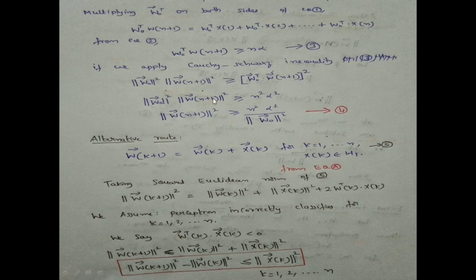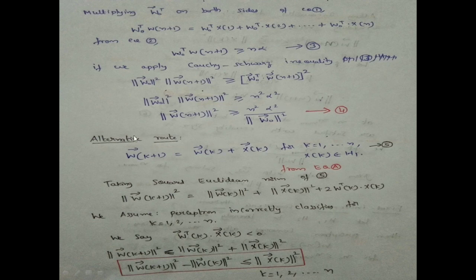Now solving this, the norm of W(n+1) squared is greater than or equal to n squared alpha squared divided by the norm of W0 squared. Let us consider this as equation 4. We will stop this solution up to this step.